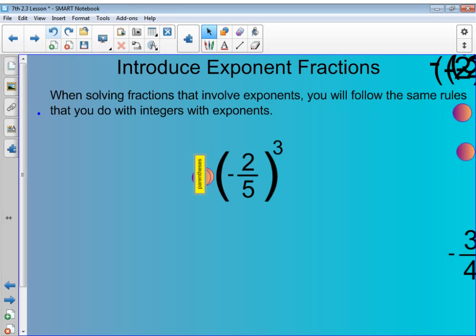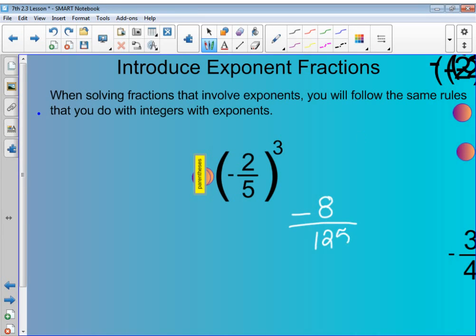So go ahead, pause your video, work your way through this one, and then check back to see what your answer is. So you should have gotten negative 8/125. Sorry, I put my negative right in front of my 8. I should have just put it in front of my whole fraction. So negative 8 over 125.